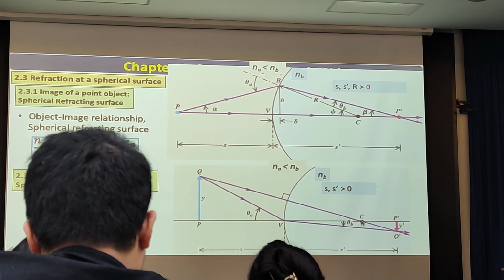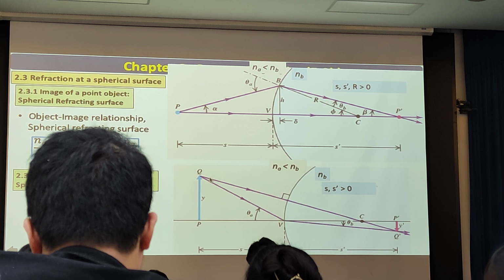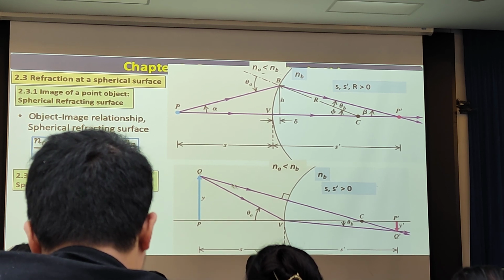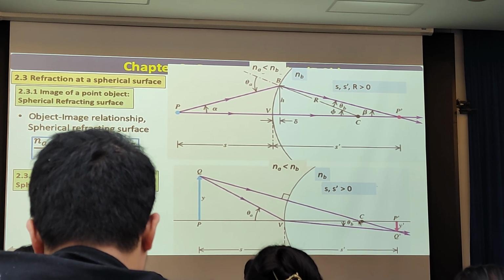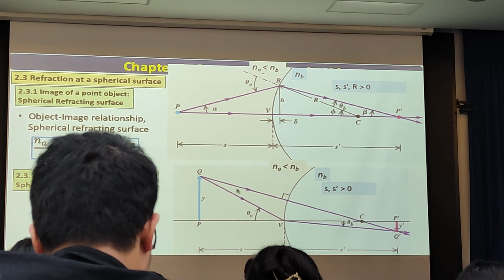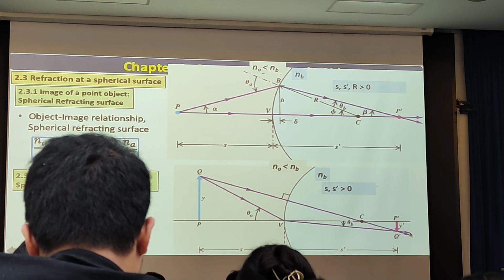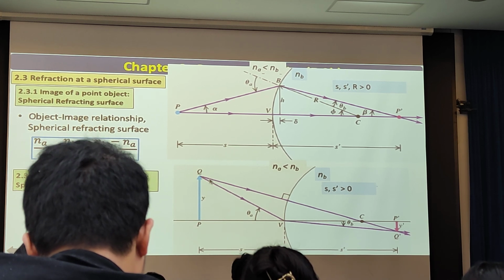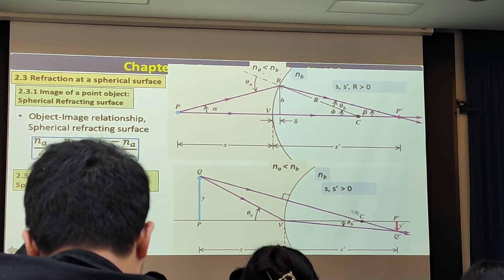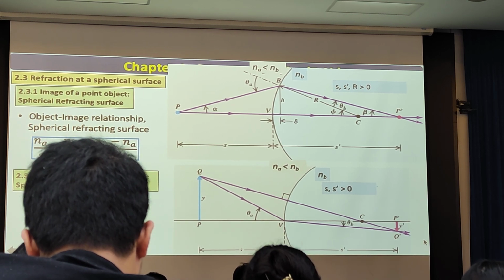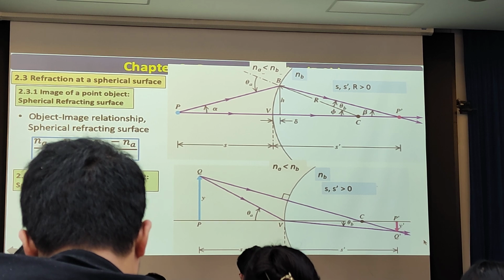One special ray is the ray in which the rays of light pass through the center of curvature. Because if you draw this rays, it will go straight. And why it goes straight? In the second medium, yes, we draw this rays from Q passing through to C, and it will go straight. And my question is why it goes straight?